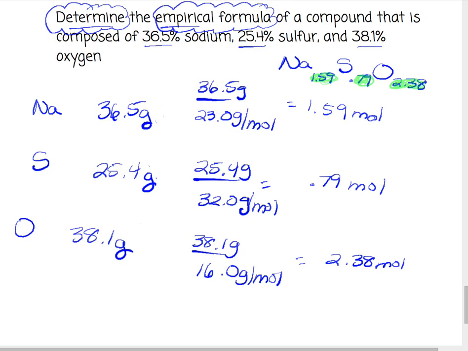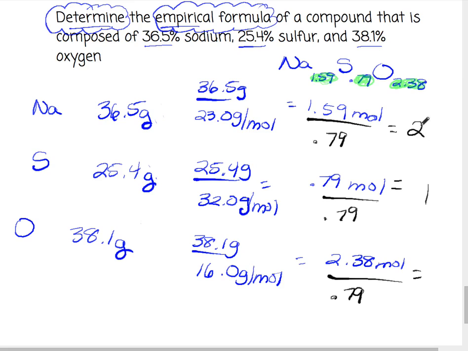So let's do 1.59, 0.79, 2.38. The smallest number that we have here is 0.79. So every single one of these is going to be divided by 0.79. This one's nice and easy. 1.59 divided by 0.79 looks like a 2.